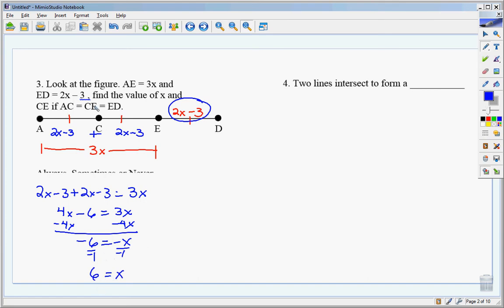They also asked me to find CE. CE was 2x minus 3, which means I can replace this with the value I found for x. 2 times 6 minus 3. 2 times 6 is 12. And 12 minus 3 is 9.